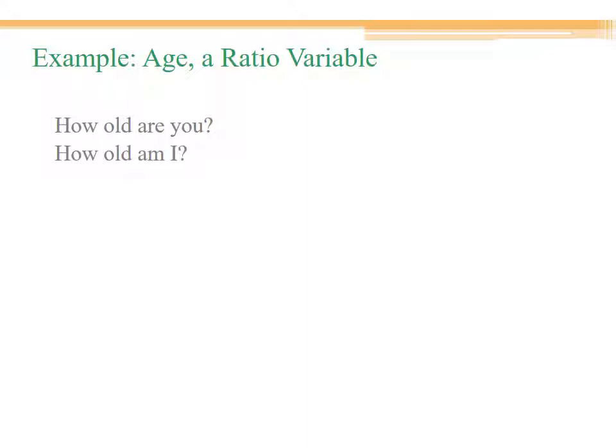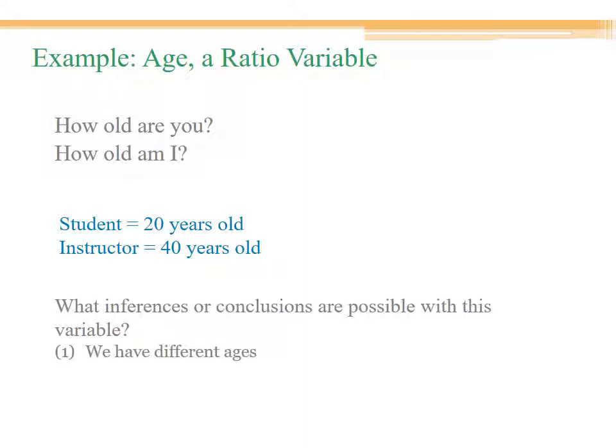So how old are you and how old am I? Let's assume that you're 20 and I am 40 years old. What distinct conclusions can be drawn when we compare our variables of age? For example, we can infer or conclude that we have different ages.